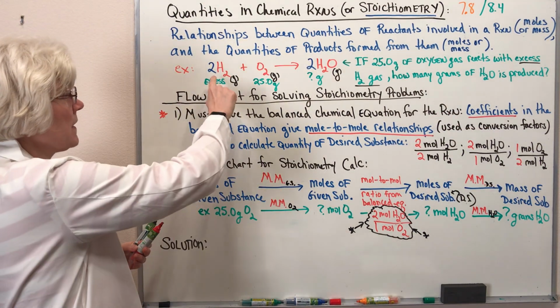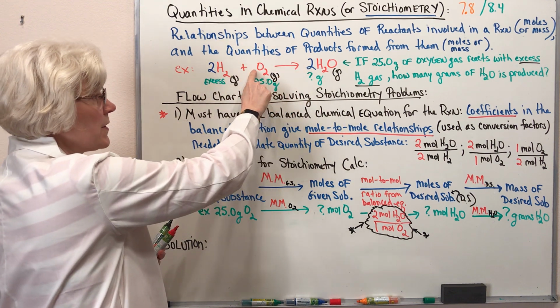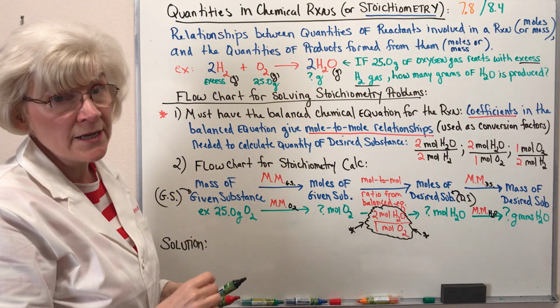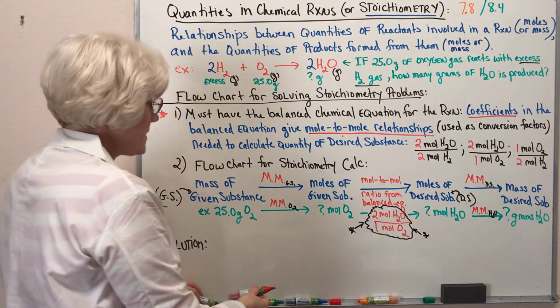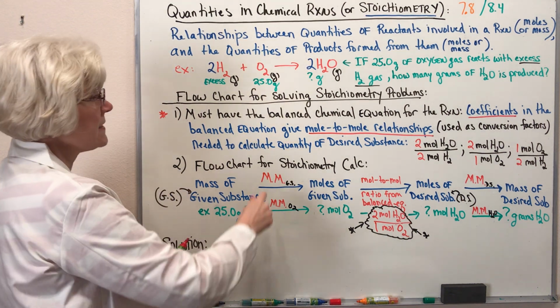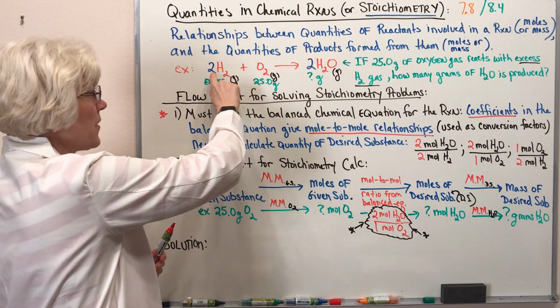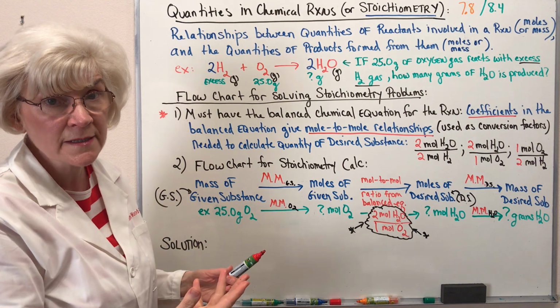For example, looking at the coefficients in this balanced equation, you recall that if no number is written in front of the oxygen, it's understood to be a coefficient of 1. Looking at this balanced equation, I can see that 2 moles of water is produced for every 2 moles of hydrogen gas that reacts.